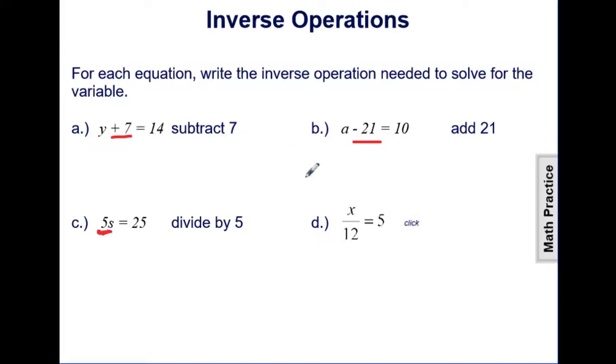And finally, we have x divided by 12 equals 5. So we're dividing by 12. So the inverse of division would be to multiply by 12. In each case, you identify what operation is currently happening to the variable and what its inverse, its opposite, is.